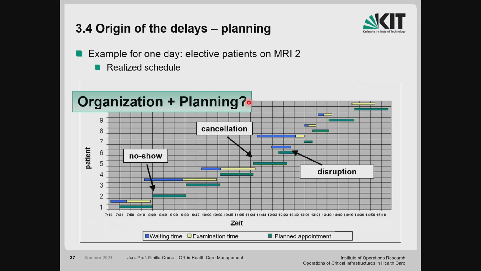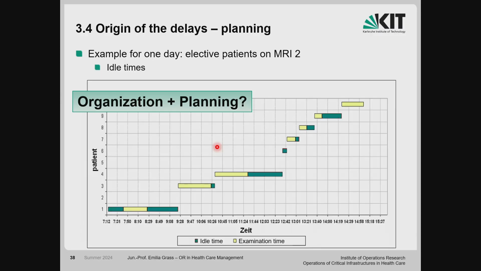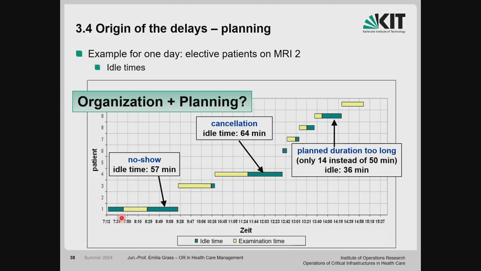Okay, so that means we have a lot of idle times. If we sum up the idle times, because of no-show we have almost 1 hour of idle time. The MRI is standing still, not working. Due to our cancellation, we have again a 1 hour stopping time.